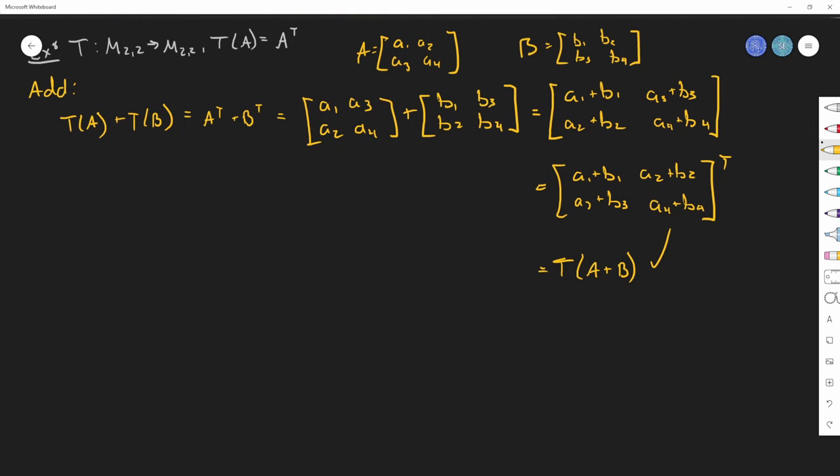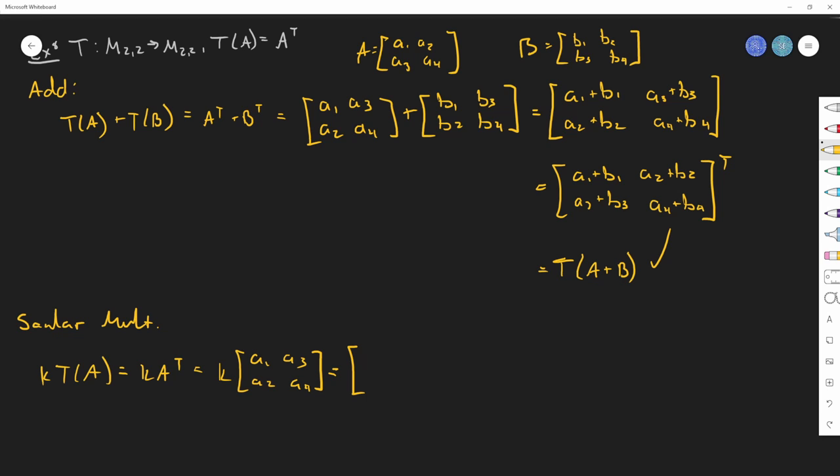Cool. So now the last one, which hypothetically should be the easy one. Closed under scalar multiplication. So K times T of A is equal to K times A transpose, and we're going to use the same A. K times A1, A3, A2, A4.